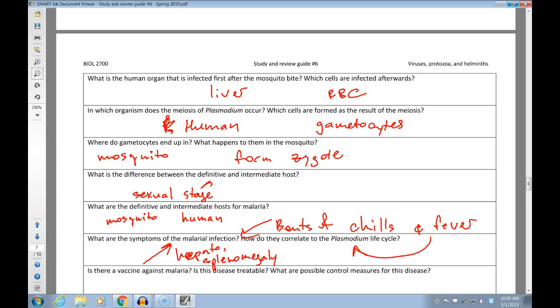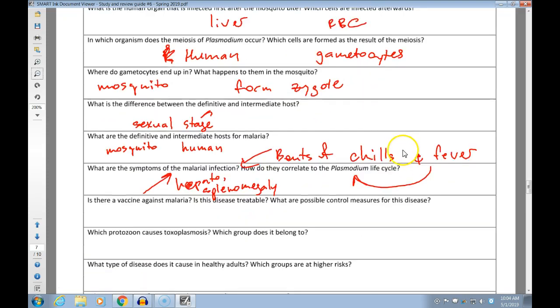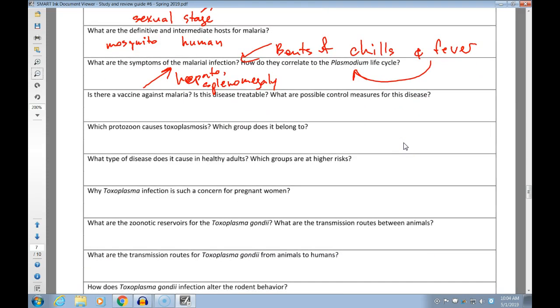Are you with me? When the merozoites leave red blood cells, you've got symptoms. There is no vaccine against malaria. It's treatable. Possible control measures: controlling the vector.